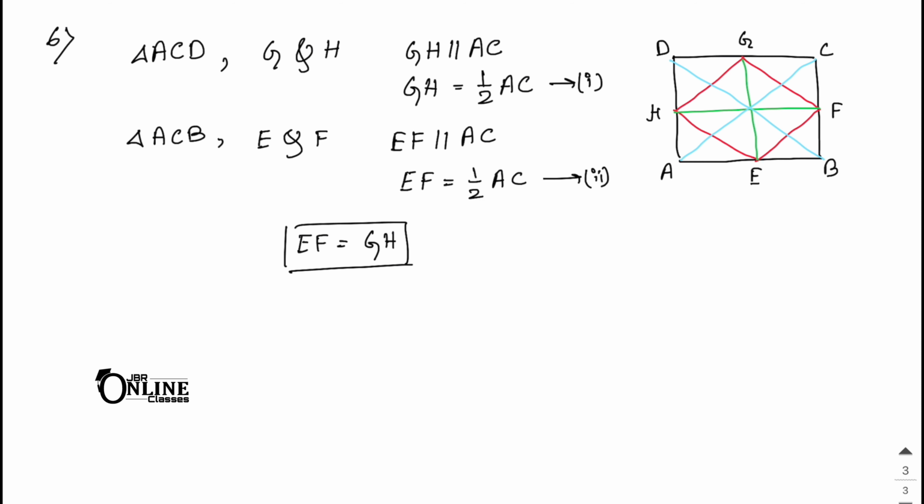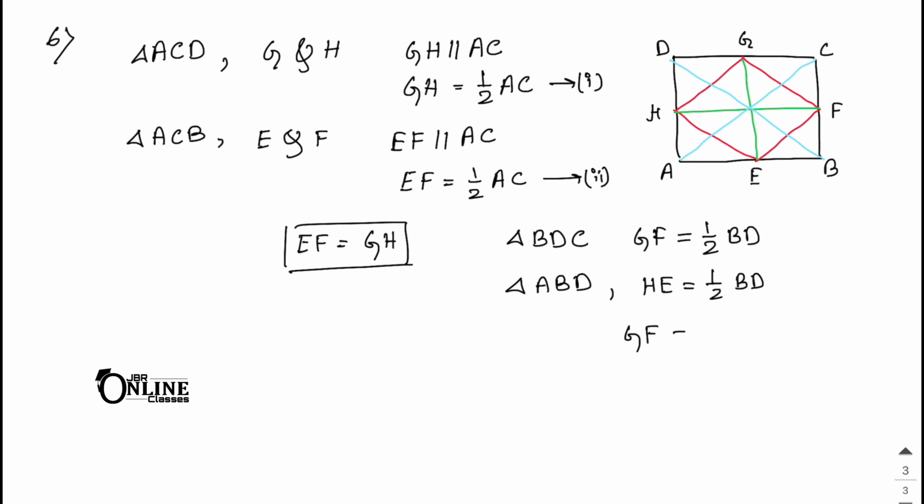Similarly, for triangle BDC, you can write down GF is also equal to half BD, and for triangle ABD, HE is also half BD. That means GF equal to HE.